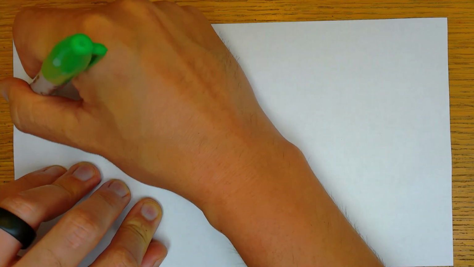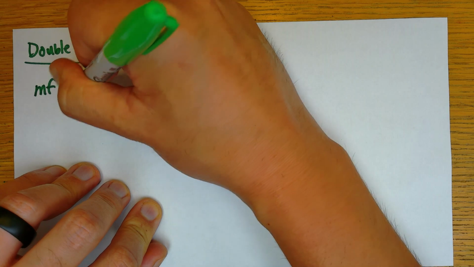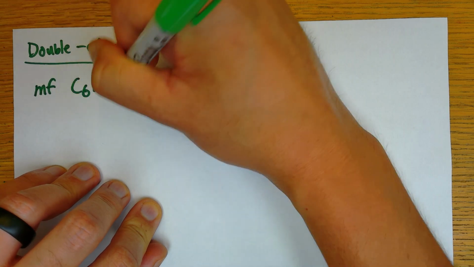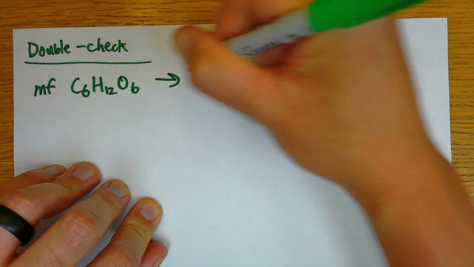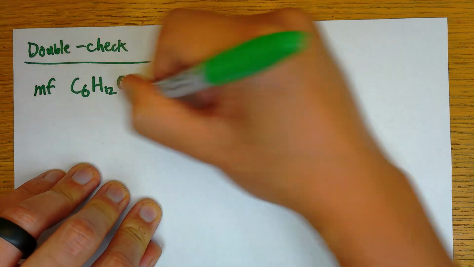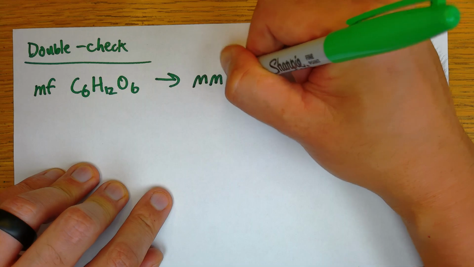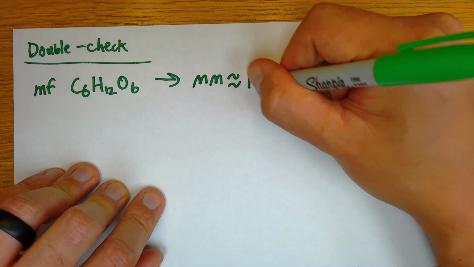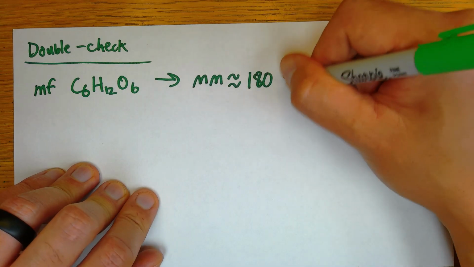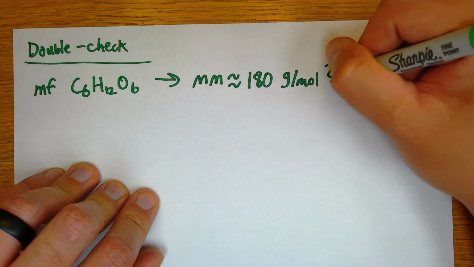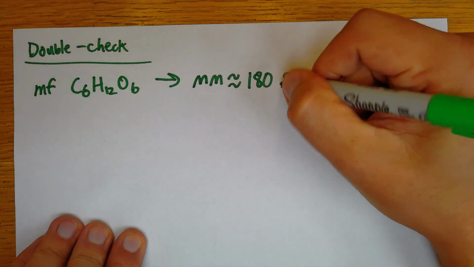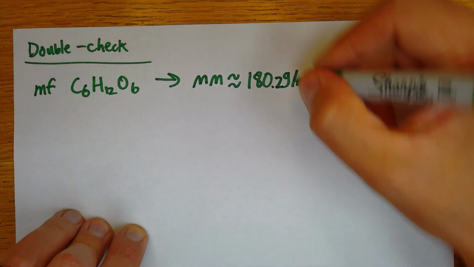If our molecular formula is truly C6H12O6, we should be able to use this formula with the periodic table, and we should get a molar mass pretty close to the 180 grams per mole. Whatever they gave us earlier. What was it? 180.2. There we go.